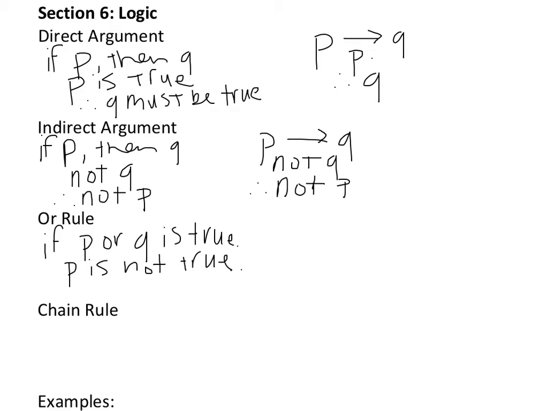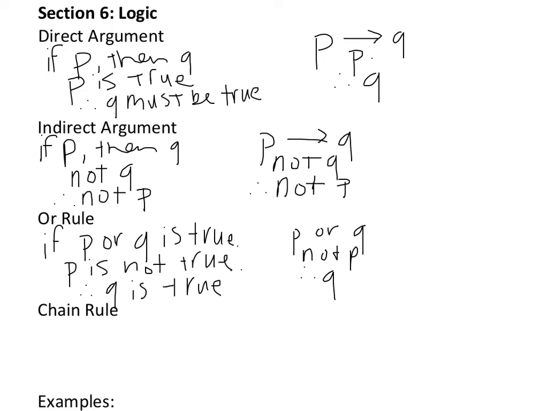The conclusion we can draw from that is that, well, then the other one must be true. So Q must be true. The notation for that would be, you could say P or Q. Well, not P, therefore Q. So P or Q has to be one or the other. If one's not true, the other must be true.